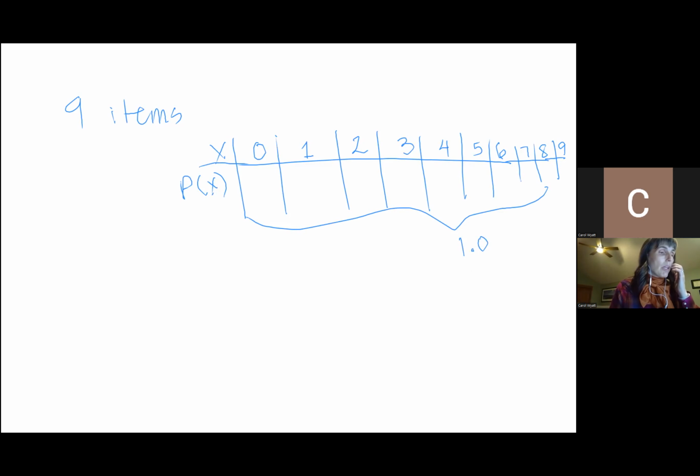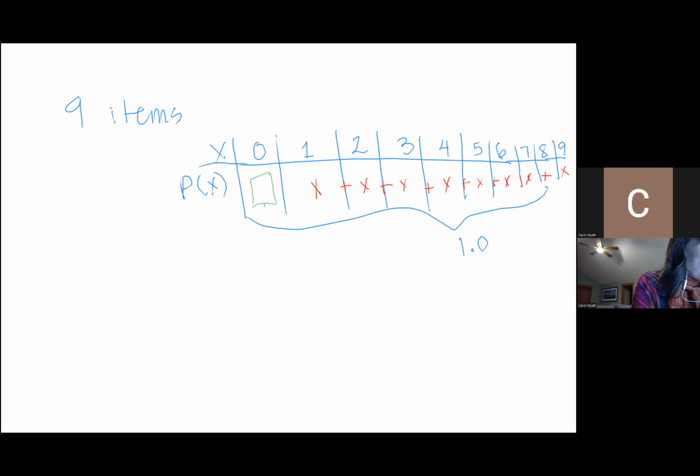That's 1. Right? So they want at least 1. Well, at least 1 is 1 or 2, add those 2 together, or 3, or 4, or 5, or 6, or 7, or 8, or 9. The only one I didn't add up was 0. So all of these add up to 1.